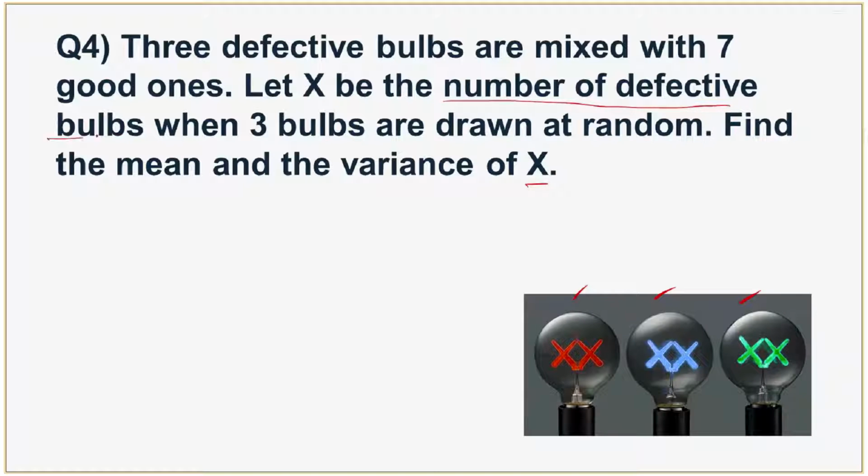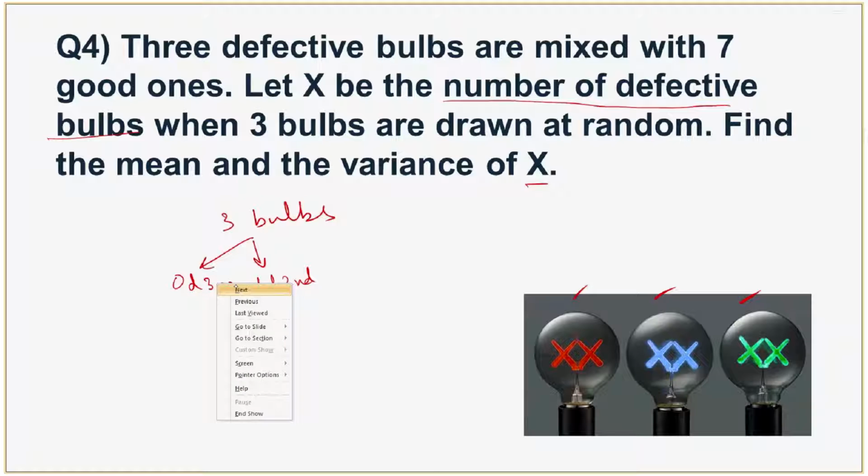When you're drawing out 3 bulbs, it could be that none of them are defective and 3 of them are non-defective.